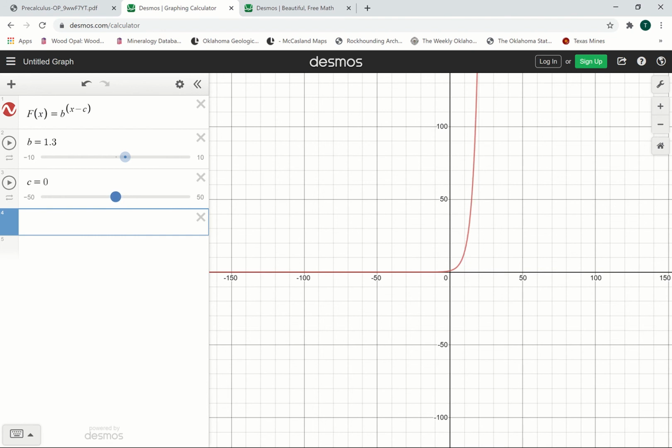Notice that when c is positive, it's going to move to the right. So that means that c in our equation would have a negative sign. It's going to move the opposite direction of the sign. So when c is negative, it's going to move to the left, so that you'll have x plus c.